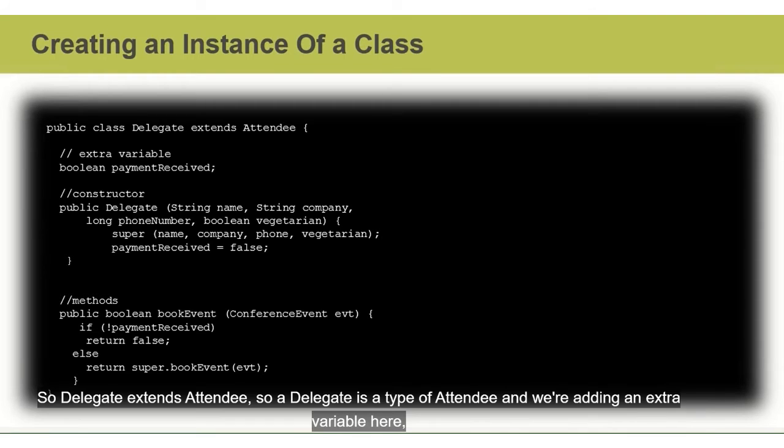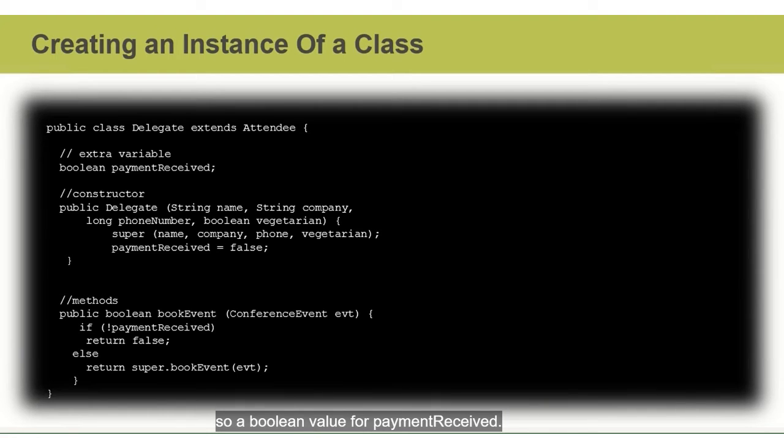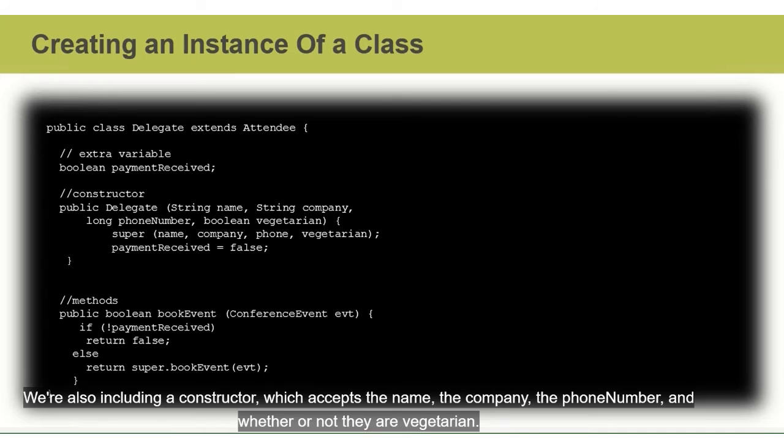So delegate extends attendee. So a delegate is a type of attendee. And we're adding an extra variable here, a Boolean value for payment received. We're also including a constructor, which accepts a name, the company, the phone number, and whether or not they're vegetarian.